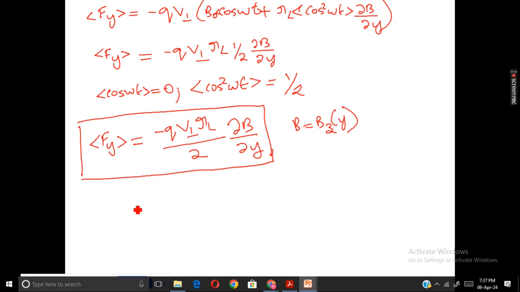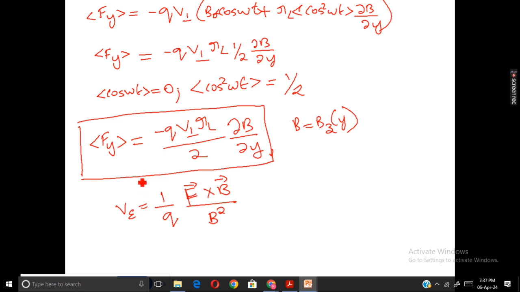So now what we want to find is the drift velocity of the particle. The drift velocity is given as 1 by q, F cross B by B squared. Here the force is the extra force that is acting in the inhomogeneous magnetic field.